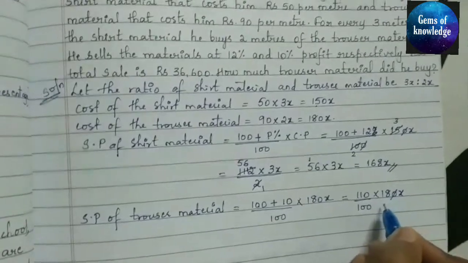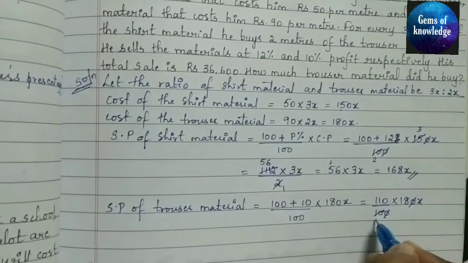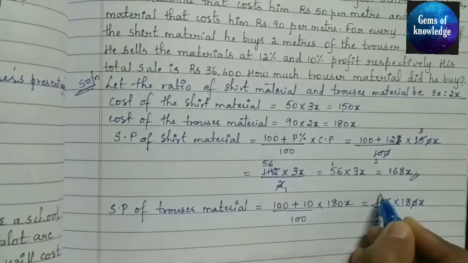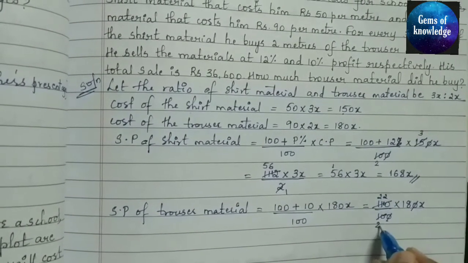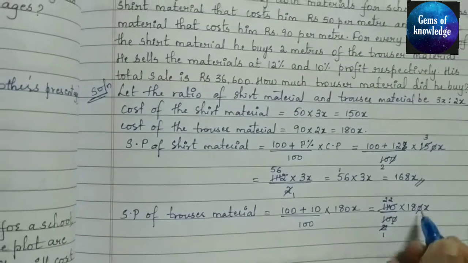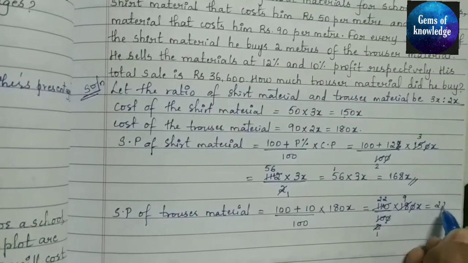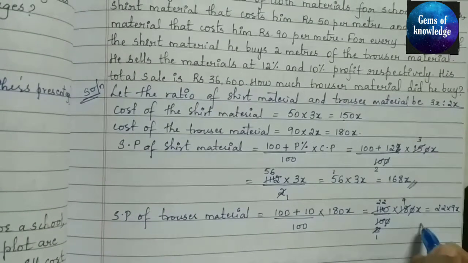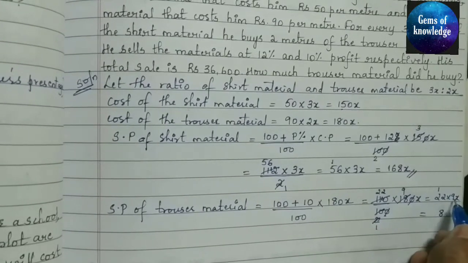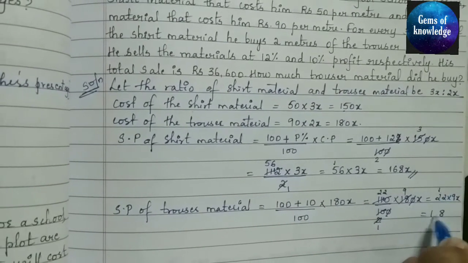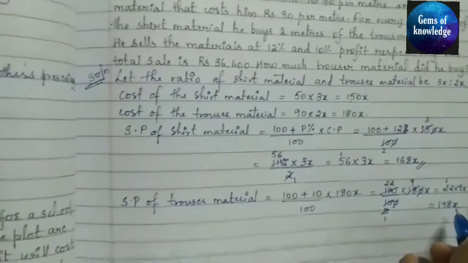So this 0 and this 0 is cancelled, and 5 2s are 10, 5 2s are 10, 1 is carried, again 5 2s are 10, again we will get 2 1s are 2, 2 9s are 18. So here we will get 22 into 9x. So 9 2s are 18, 8 and 1 will be carried. 9 2s are 18 plus 1, 19. 198x we are getting.